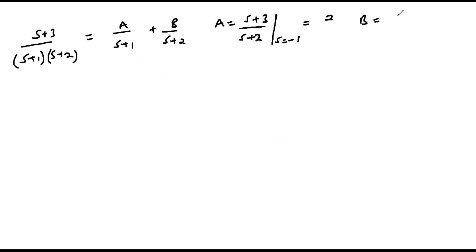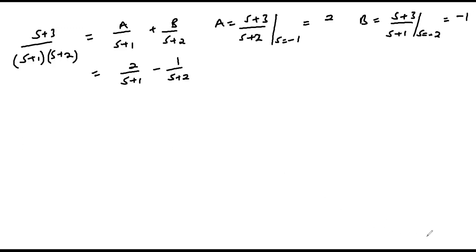Our B will be (s plus 3) over (s plus 1) when s is minus 2, which gives us 1 over negative 1, which is negative 1. So this can be written as 2 over (s plus 1) minus 1 over (s plus 2).